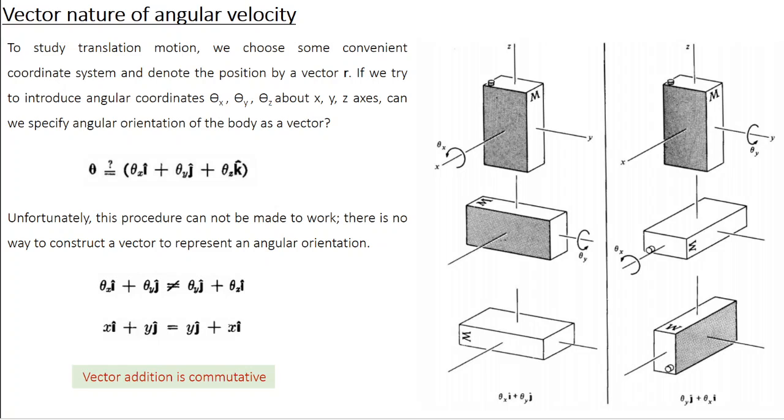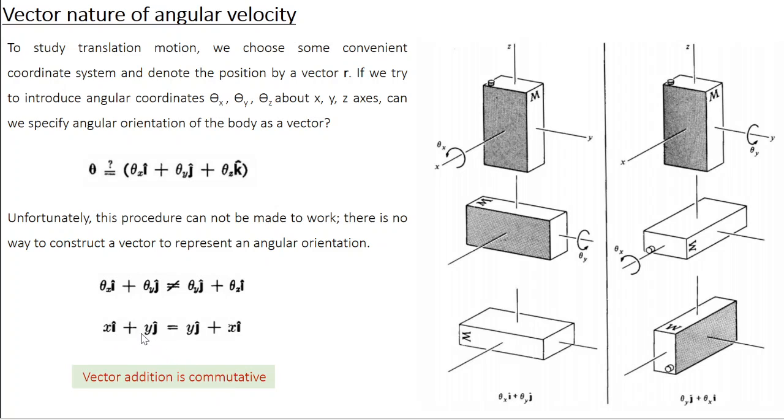But if you take the linear equivalent, you will find that x i cap plus y j cap is always the same as y j cap plus x i cap. So this is a fundamental identity, a fundamental relation in the case of vectors. Vector addition is always commutative.